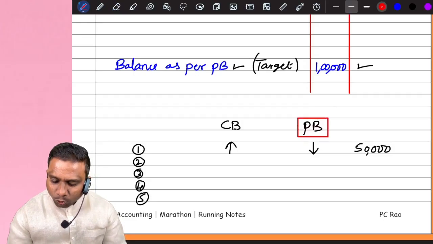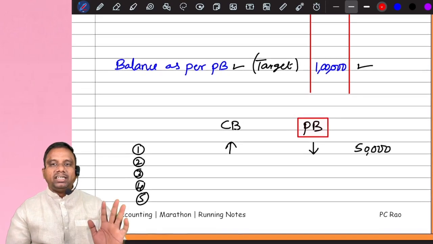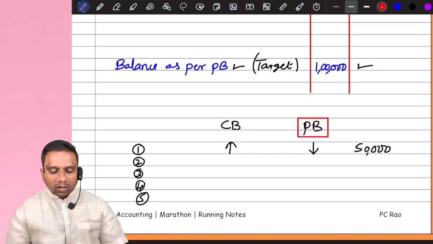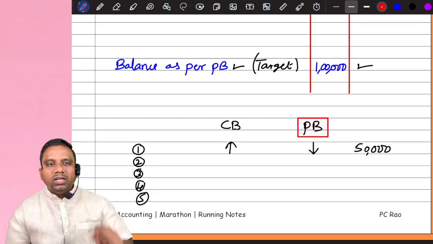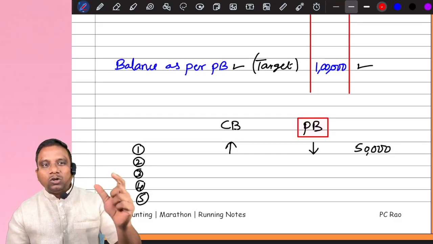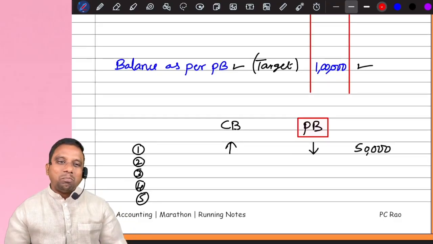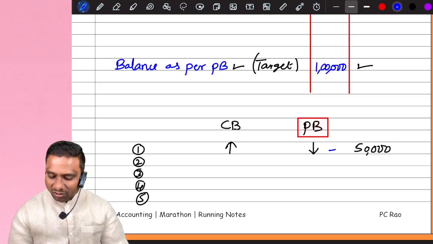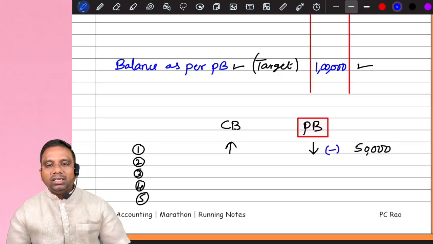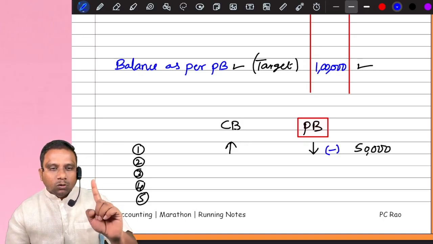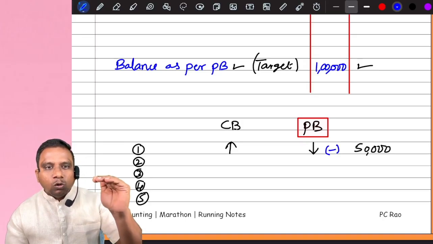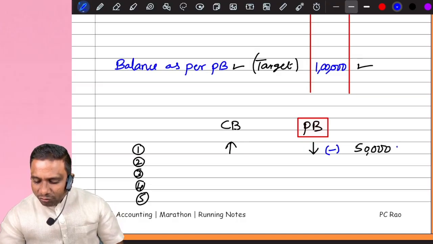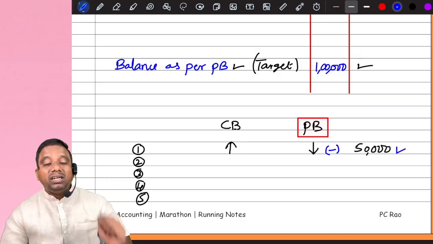Upward arrow means plus. Downward arrow means minus. Here, passbook is showing a downward arrow, so what I will do is minus. We started with cash book. From cash book balance, if you deduct this 50,000 rupees, you ultimately get the passbook balance.